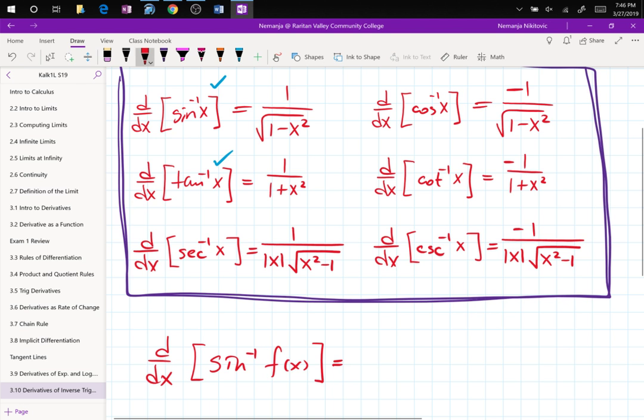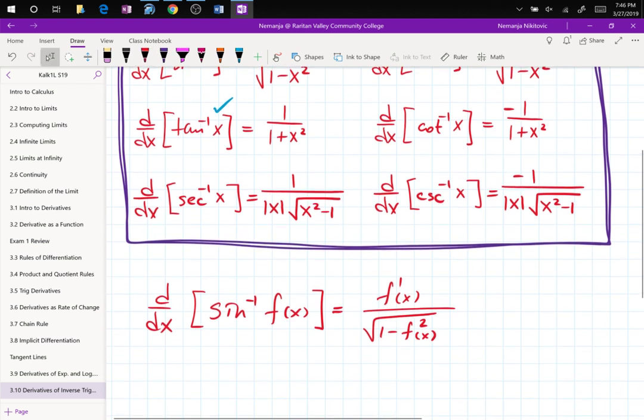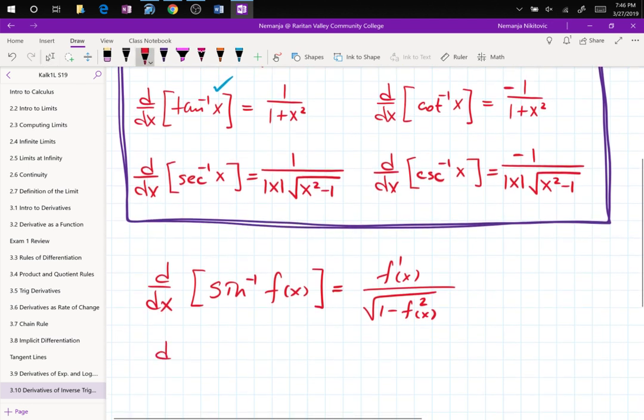So the formula for this, which is the one that you would use most of the time, is f prime of x divided by the square root of 1 minus f of x squared. The one for tangent, right? So these are the two that show up most of the time: f prime of x divided by 1 plus f squared.